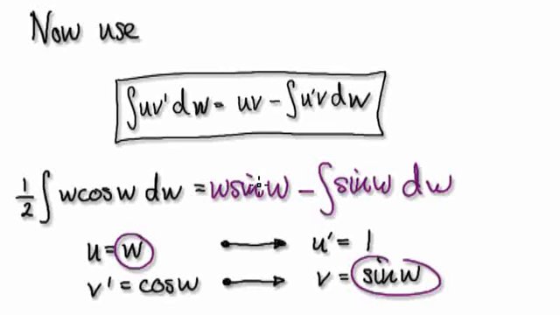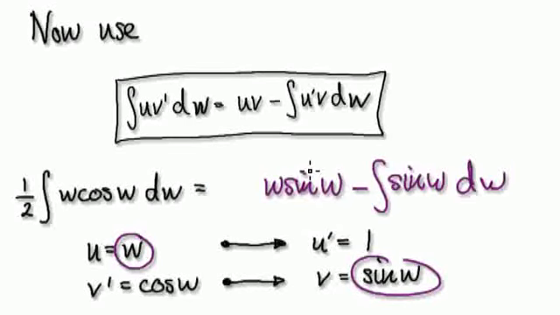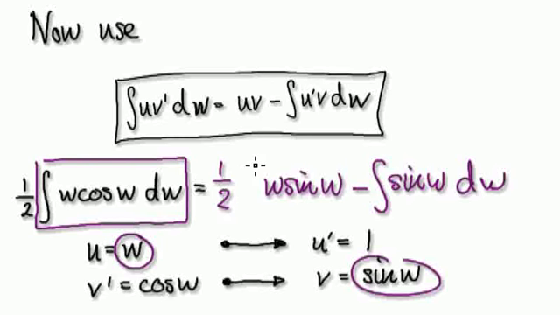Okay. And don't forget our half here. So sorry. Hang on. Let me just move this. Don't forget our half. Remember, it's a half outside of this box here. So it should be a half and then like this.